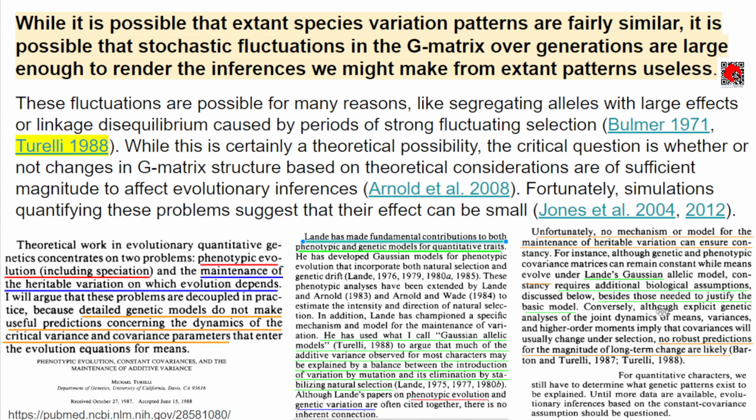Conversely, although explicit genetic analyses of the joint dynamics of means, variances, and higher order moments, generalized coordinates of motion, imply that covariances will usually change under selection, no robust predictions for the magnitude of long-term change are likely. And then near the closing of the paper. For quantitative characters, we still have to determine what genetic patterns exist to be explained. Until more data are available, evolutionary inferences based on the constant.